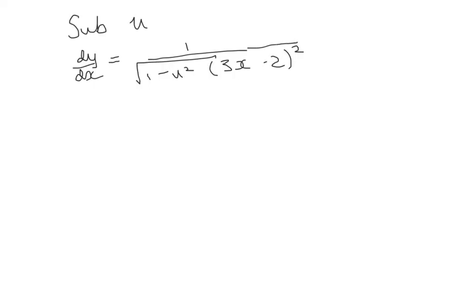What I've done from the previous slide is just multiply the numerators together. Negative 1 times negative 1 is this one here, and the denominator is just copied from the previous slide. Replace the u squared with 2x subtract 1 over 3x subtract 2.